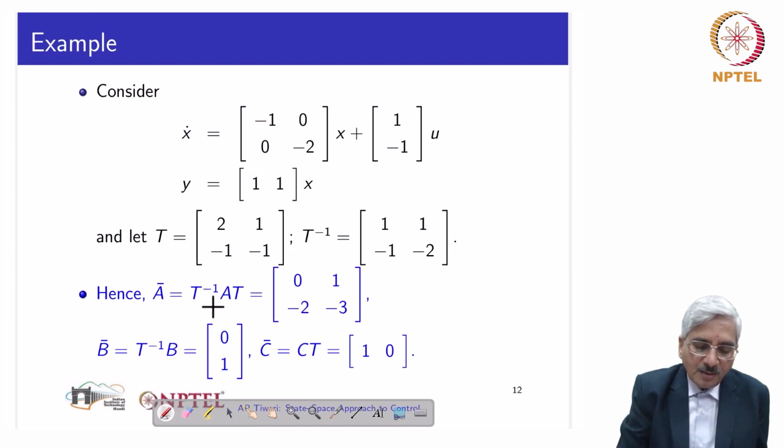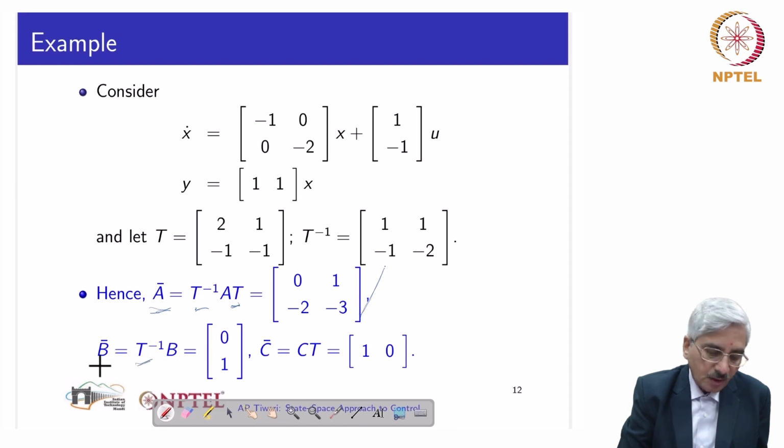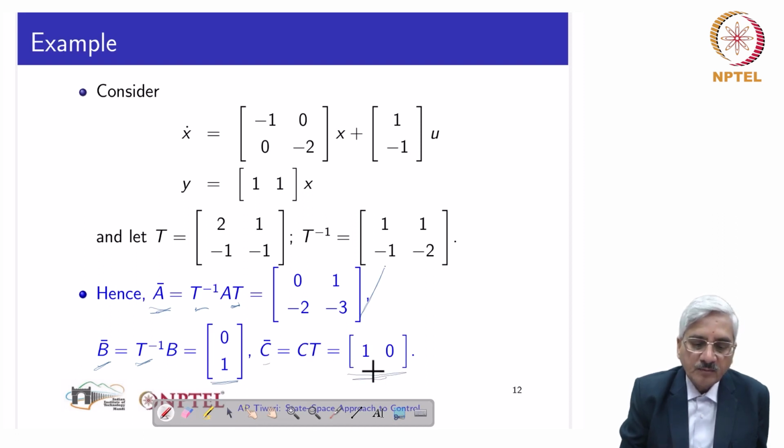We can pre-multiply and post-multiply the matrix A respectively by T inverse and T to obtain A bar, and then we will get this. Similarly, we pre-multiply B by T inverse to obtain B bar, and we get this, and C we post-multiply by T to get C bar, and this will be this.